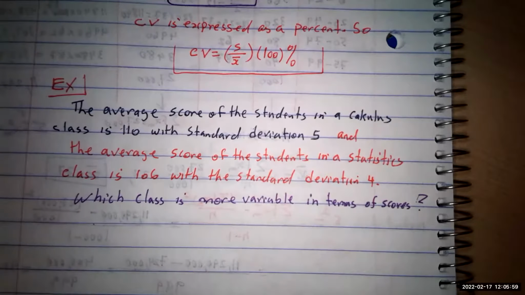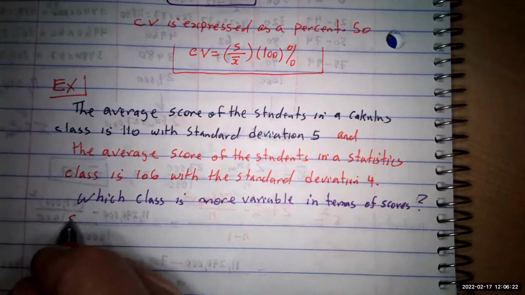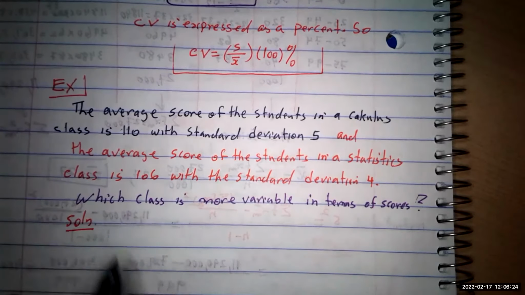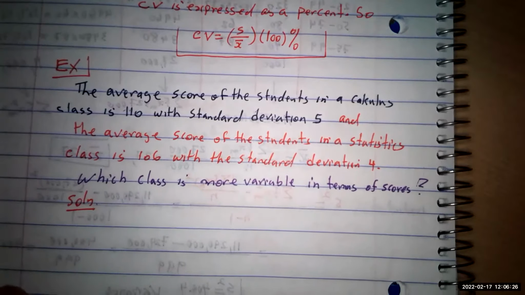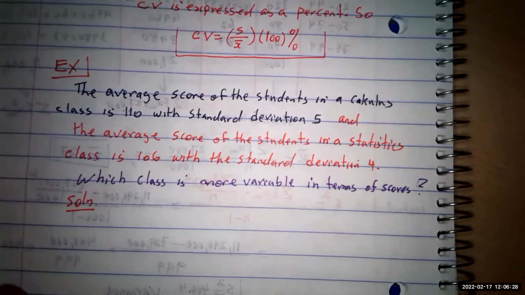They usually give you the hint to use the coefficient of variation, but we don't have anything else so far, so we don't need that hint, though it may be given to you. So you have to find the coefficient of variation of each one of them and then compare them together.